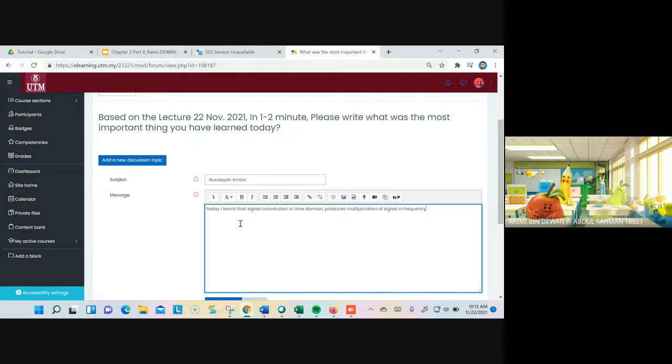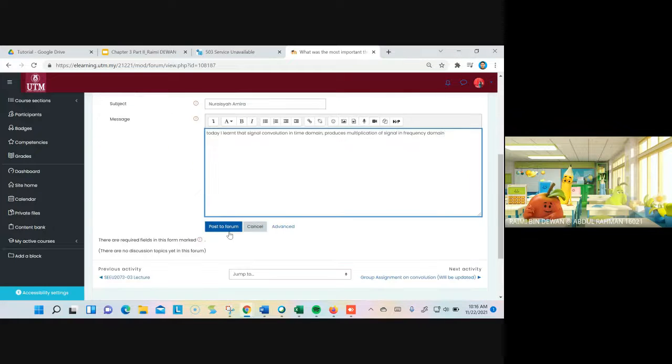That's all. If you are smart or hardworking, you can put whatever diagram you want. But this is actually just what I want. Then you just post to the forum.